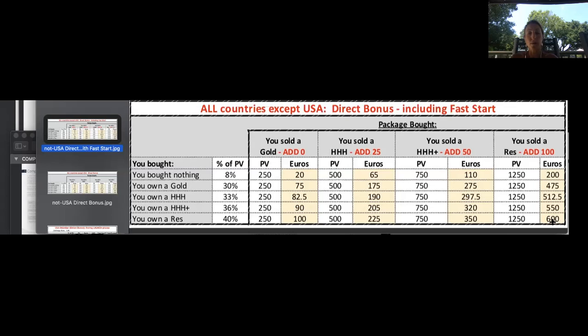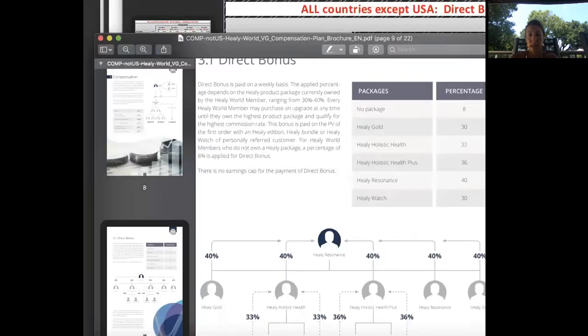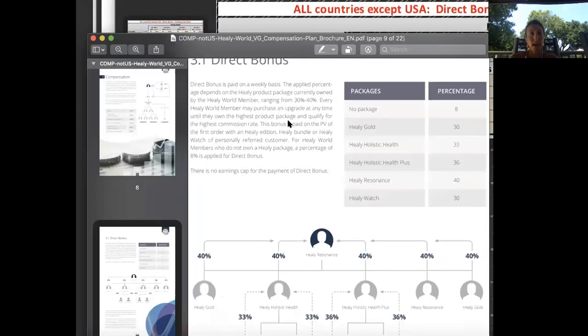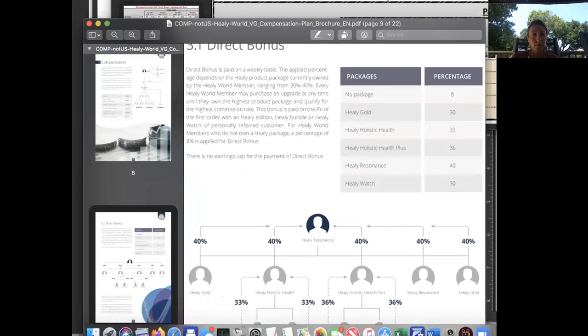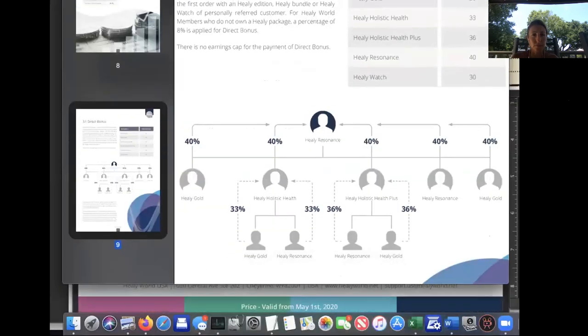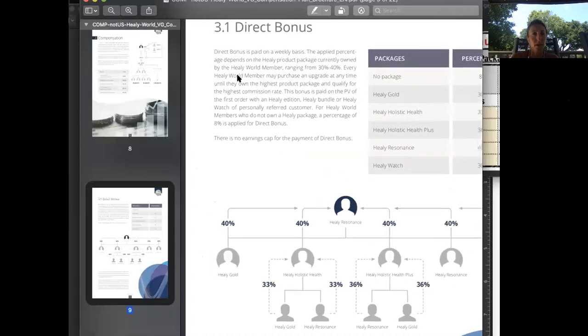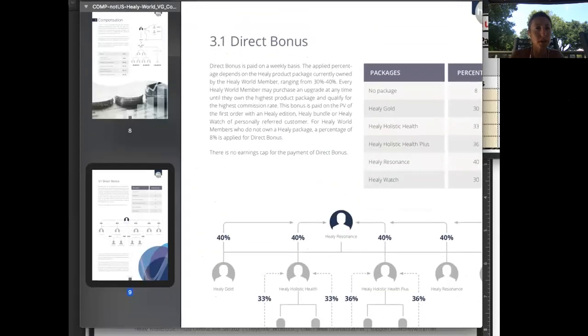Now we're going to talk about the dual bonus. So if we return to our comp plan PDF and we scroll down to the dual bonus.